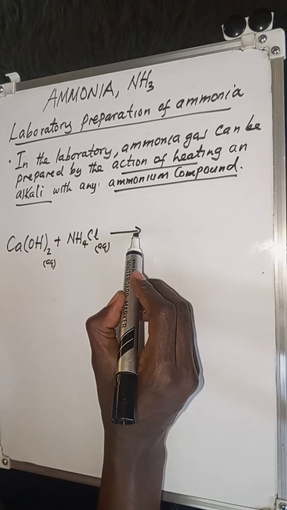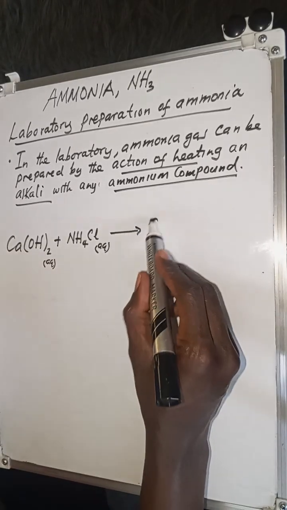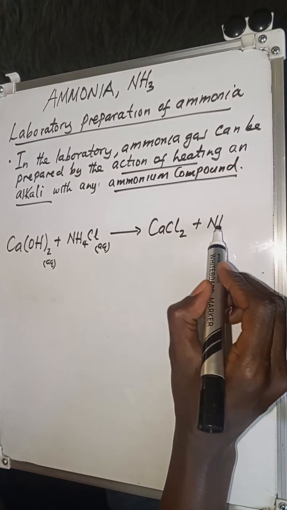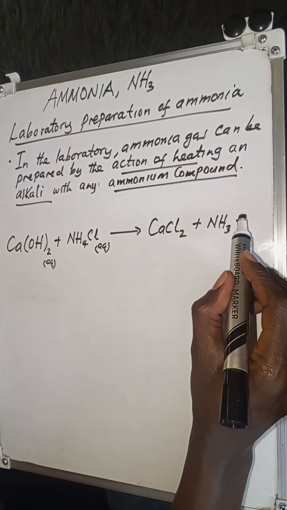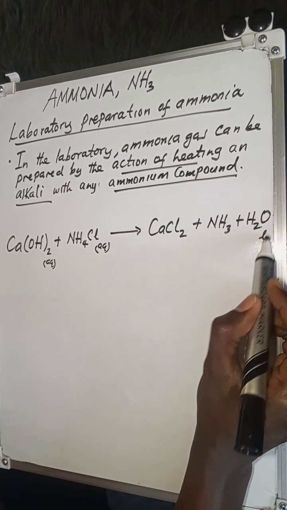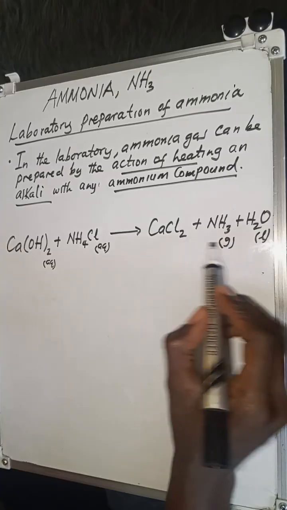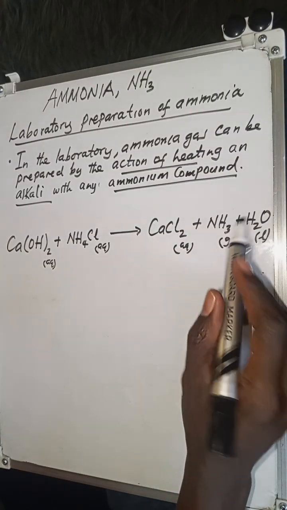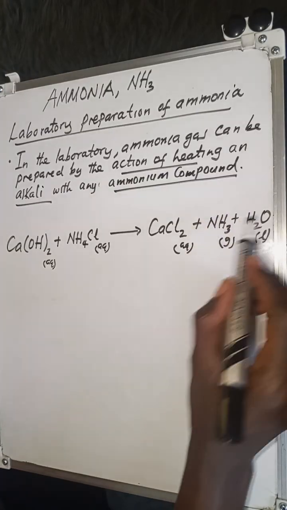So the moment you treat it in the presence of heat, you are going to produce calcium chloride. Ammonia is going to be produced, but again you're going to find that H2O is also going to be produced, which is in liquid form, that is in gaseous form, and that is going to be in aqueous form. So remember, you need to write a balanced one.